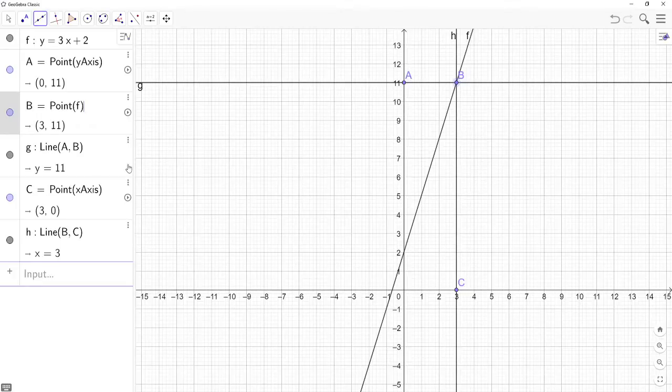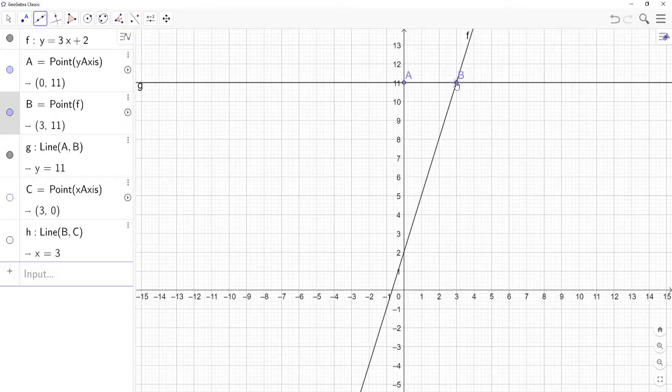So if we look at just those two bits, the line 3x plus 2 and the line where y is equal to 11, where they cross over is the point where the two lines are equal.